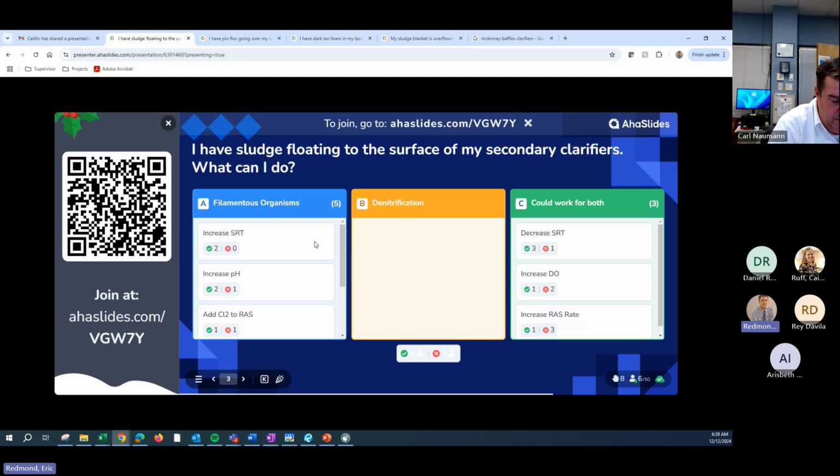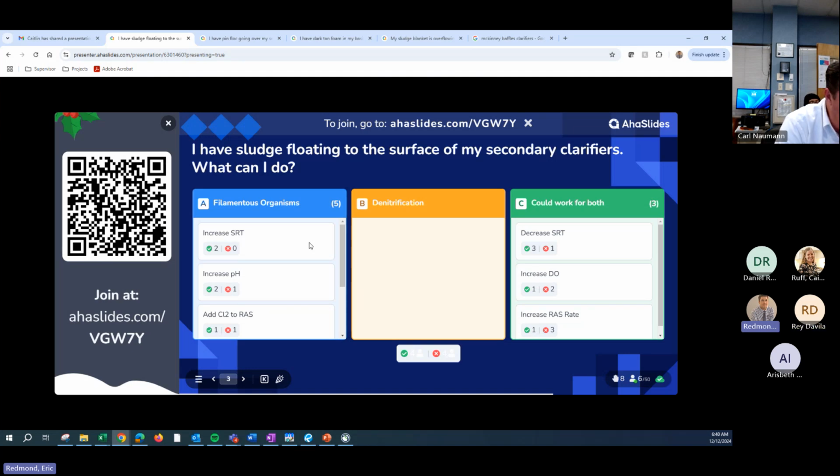And so the reason you're seeing SRT up here, you see both increased SRT and then over here you see decreased SRT. So increased SRT would be one way to control filaments. For instance, if your F to M is too high, you're overloading your system.